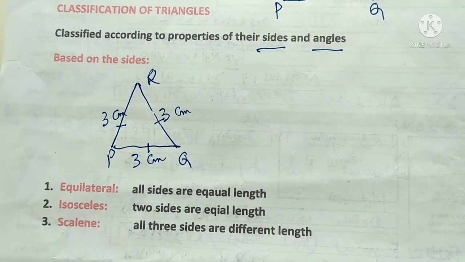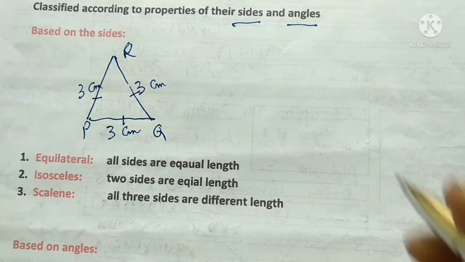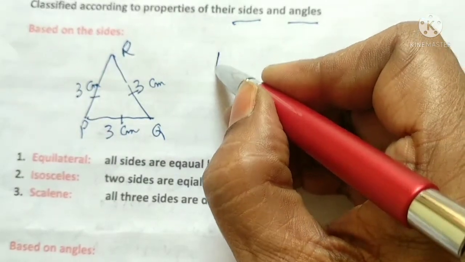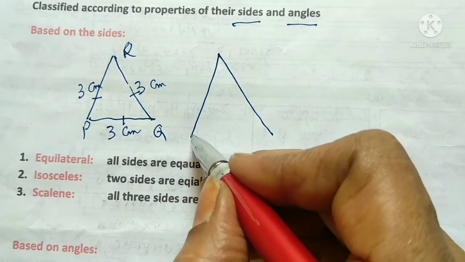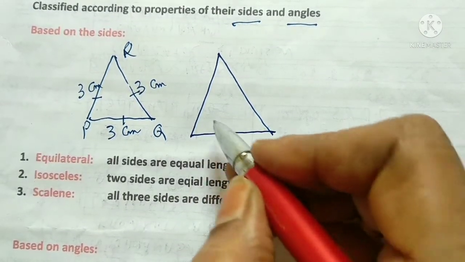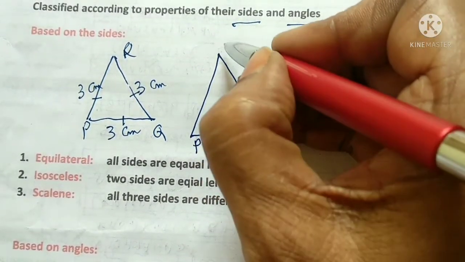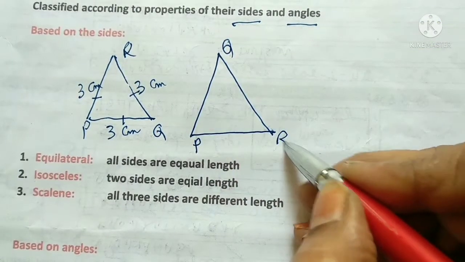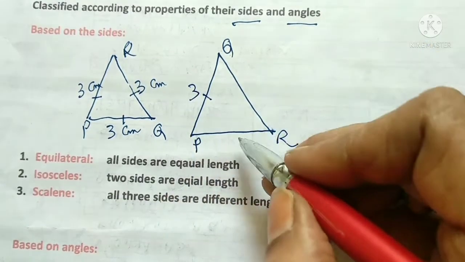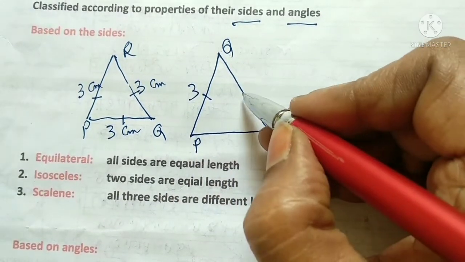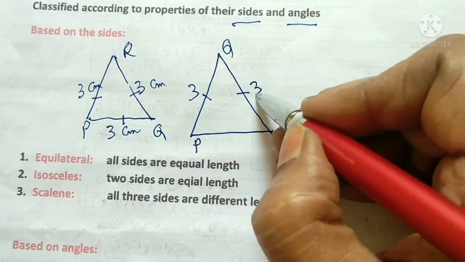Now let us consider another triangle. P, Q, and R. Let's say this is 3 centimeters and this is also 3 centimeters.